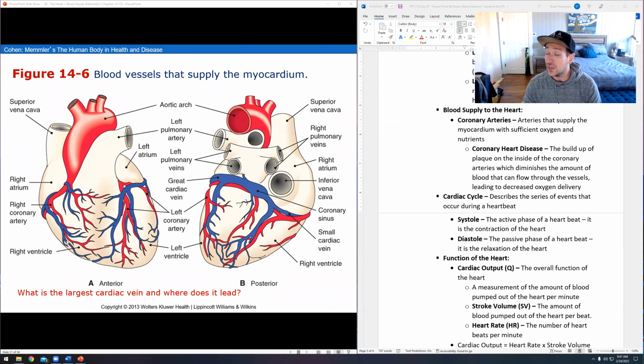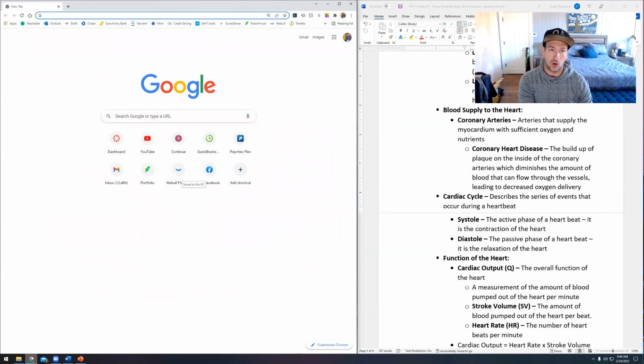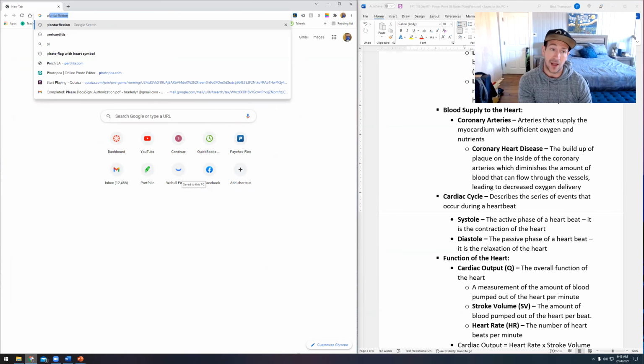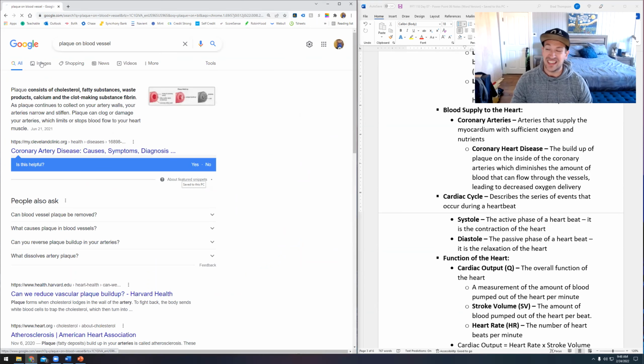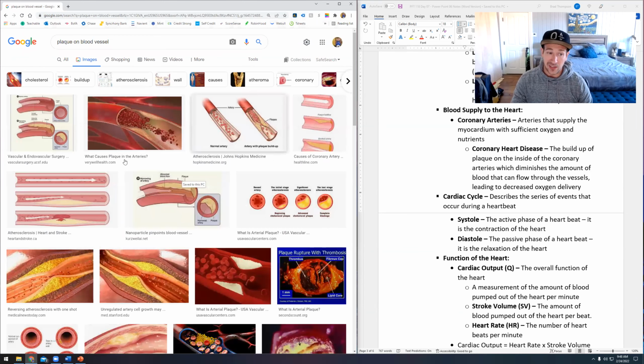So we definitely want to make sure we do not screw up any of those vessels that are going directly to the heart. We want to make sure that blood can travel through those vessels very, very easily, because let's say plaque or blood clots or something starts building up, maybe we have a really bad diet, maybe we don't exercise regularly.